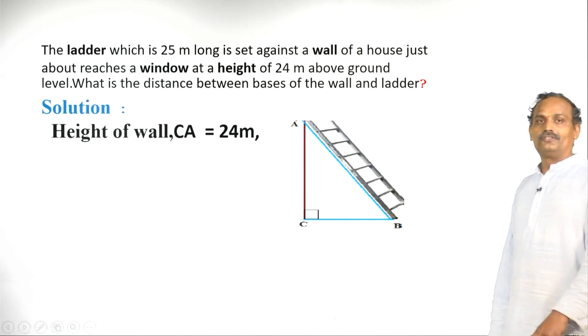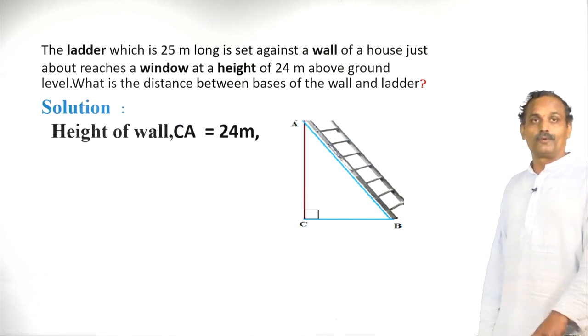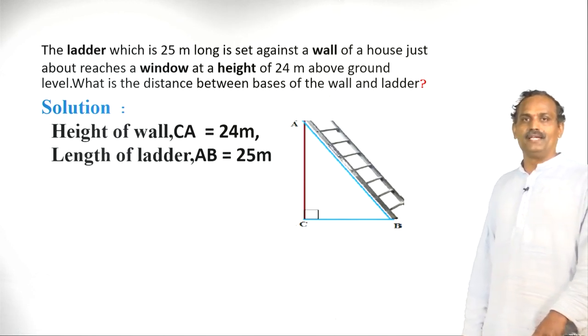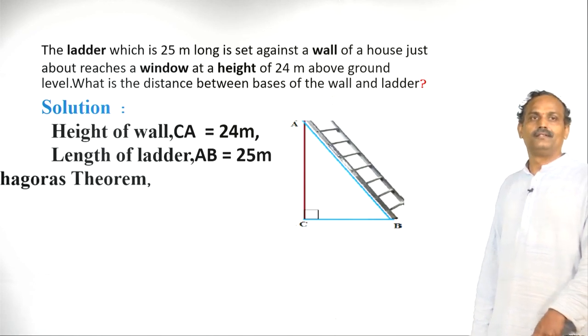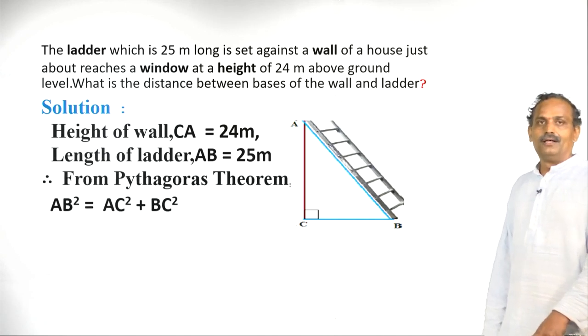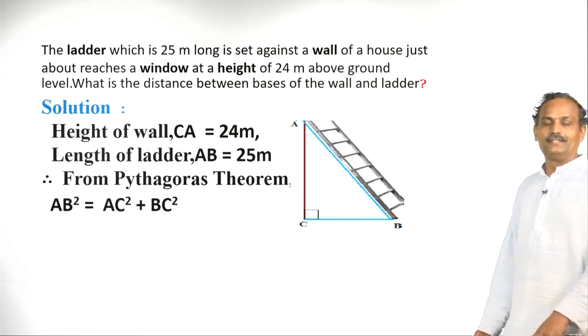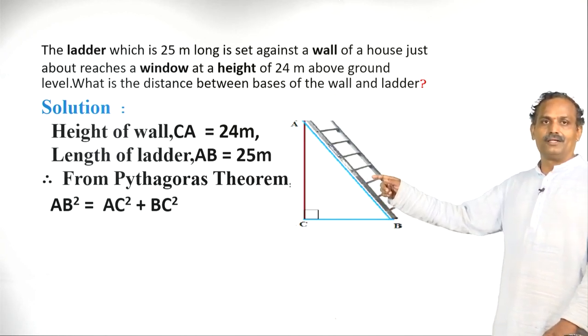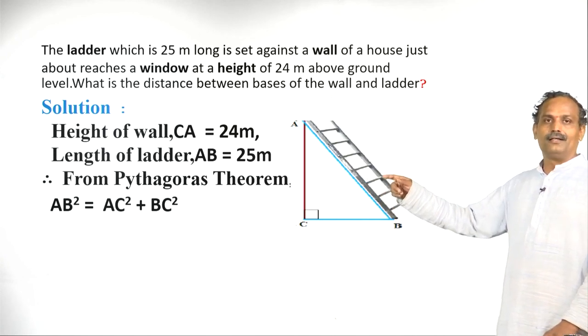So, height of the wall CA is 24 meters, and the length of the ladder AB is 25 meters, it is given. From the Pythagoras theorem, we know that the square on the hypotenuse is equal to the sum of the squares on the other two sides.